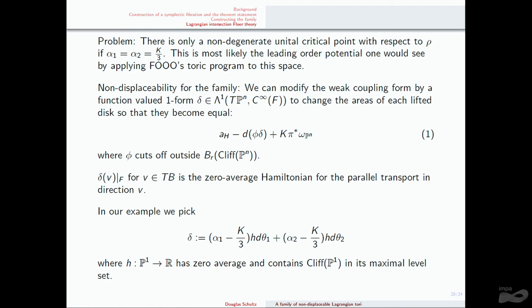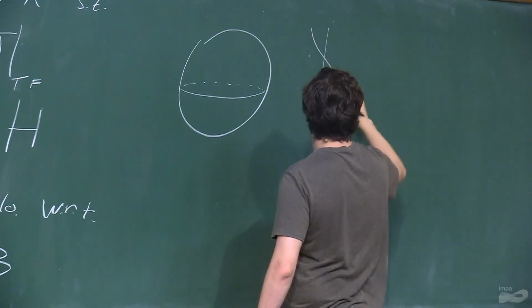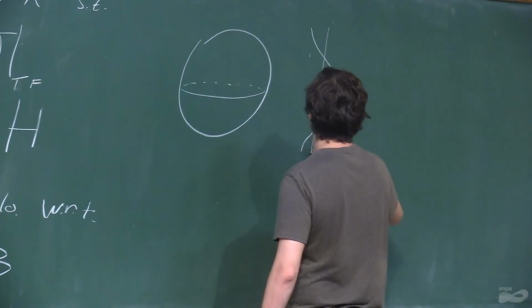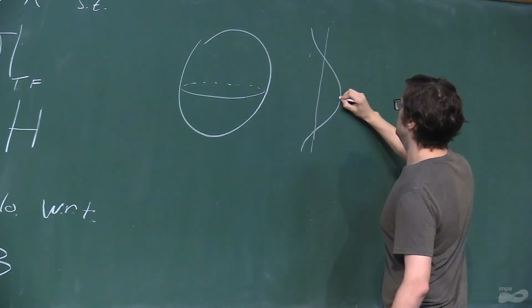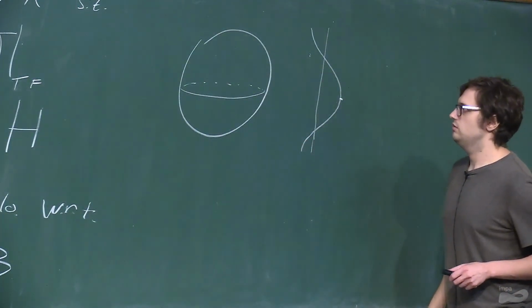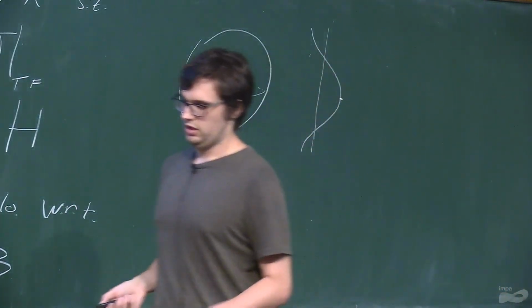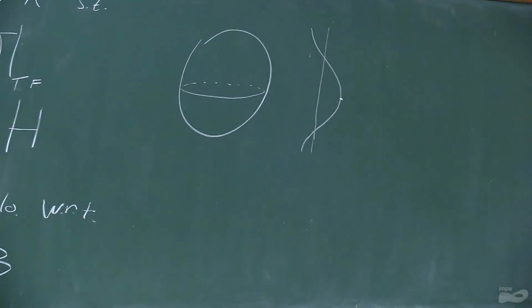So I'm thinking of taking this zero average H. So you have P1, and the value here is some maximum. So you shift it so it has zero average, and then the Clifford torus lies at a maximum.